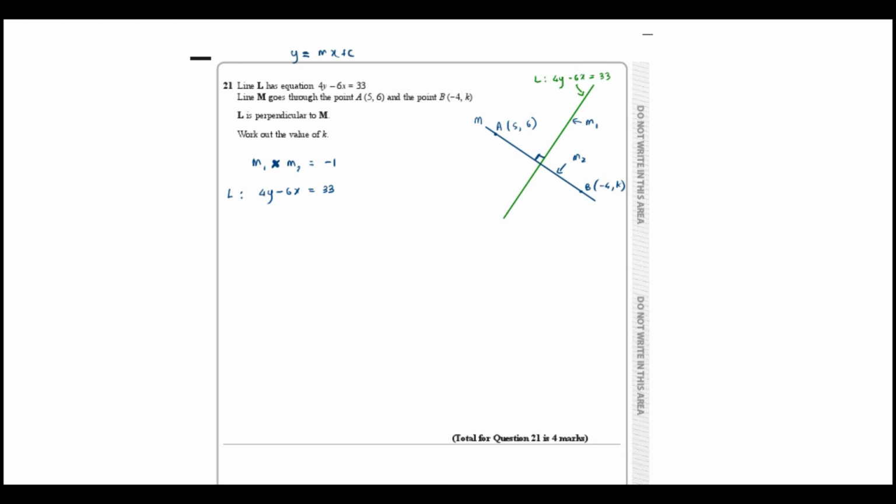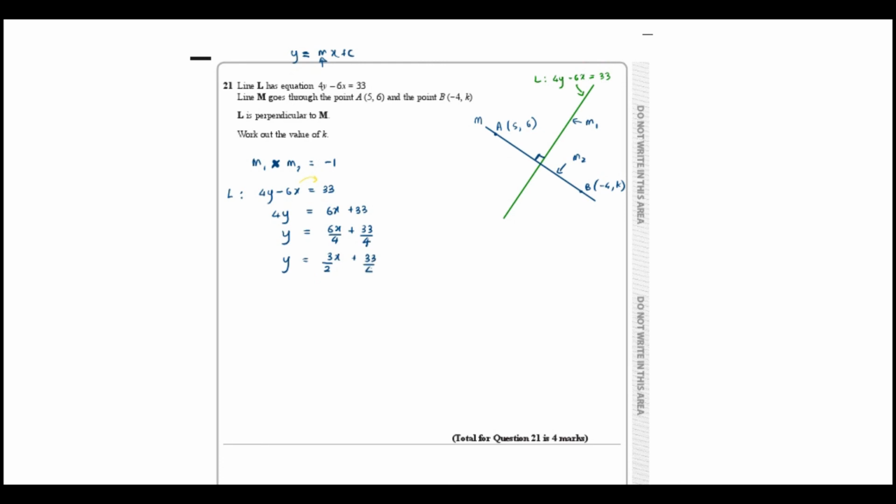So 4y equals minus 6x, taking it to the other side as plus 6x, so 4y equals 6x plus 33. Next I'll remove the 4. The 4 goes to the other side as a division, dividing both terms: 6x divided by 4 and 33 divided by 4. So y equals 3 over 2 x plus 33 over 4.